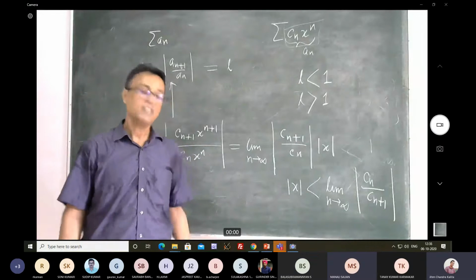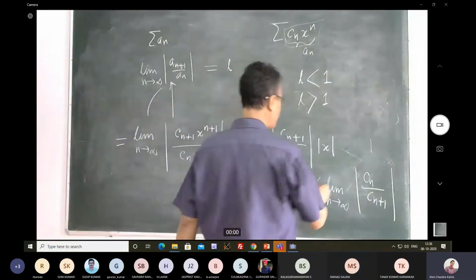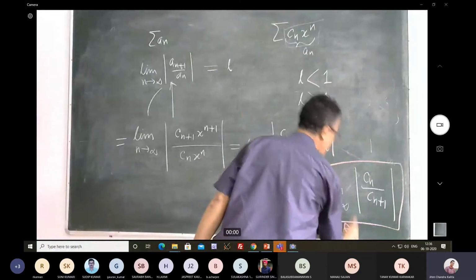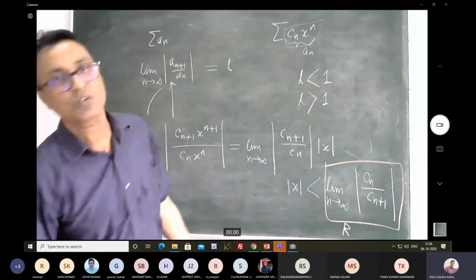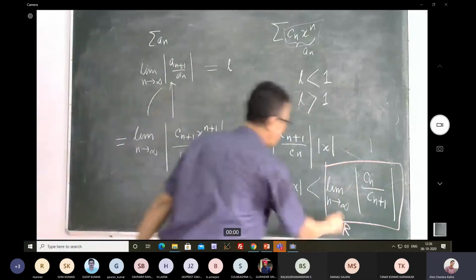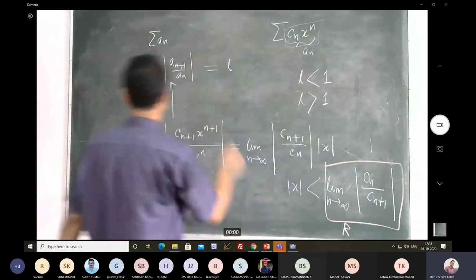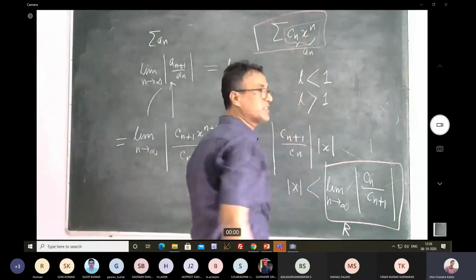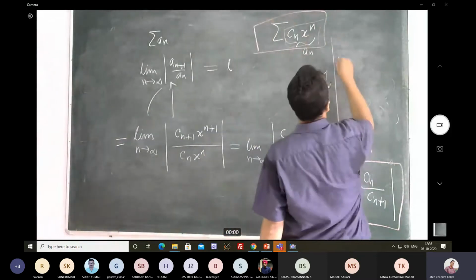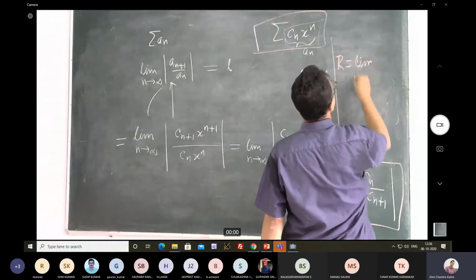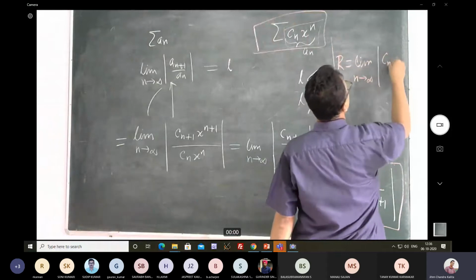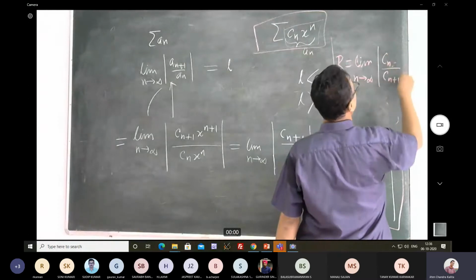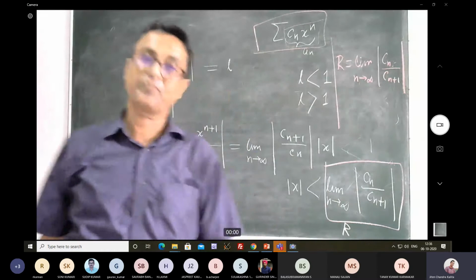So this is nothing but the radius of convergence. Let me call it capital R. Small r will also do. So the radius of convergence for series like this can be simply defined as R equal to the limit as n tends to infinity of mod C n by C n plus 1. Is it okay with everybody?